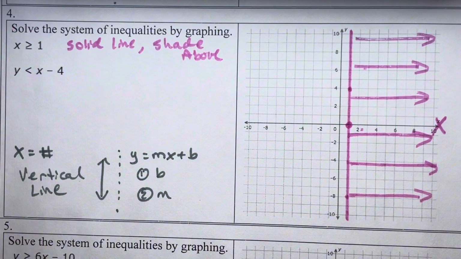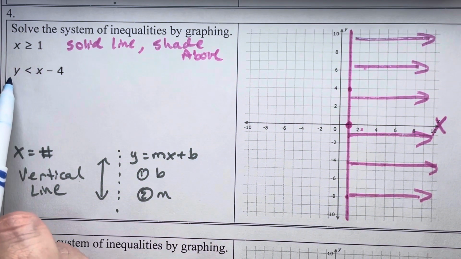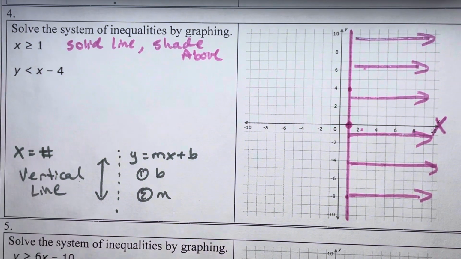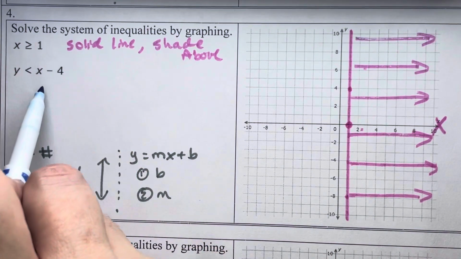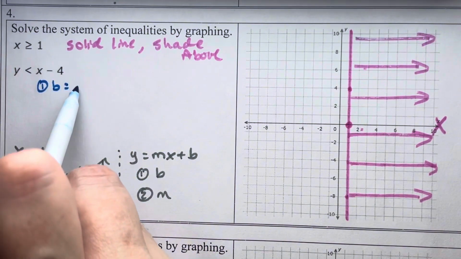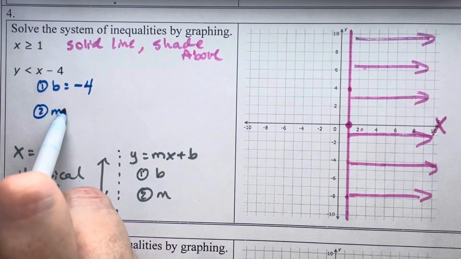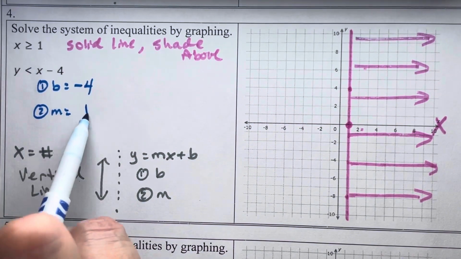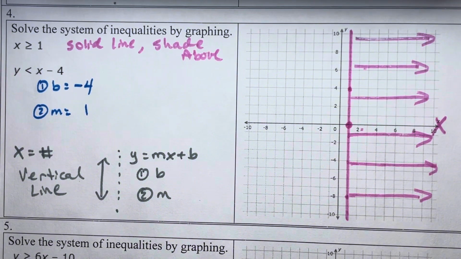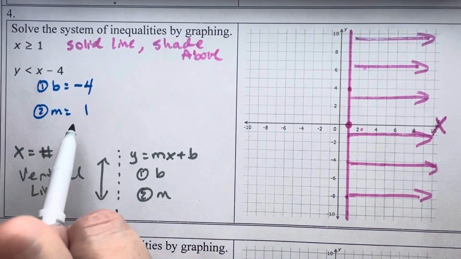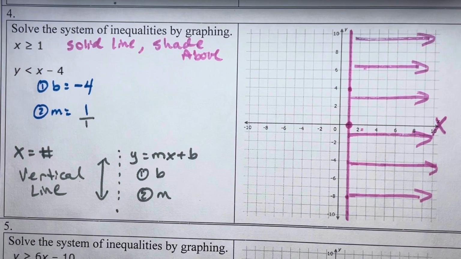All right, let's look at our second one. With our y less than x minus 4, we know that there's going to be a y-intercept of -4 and a slope of 1 because there's nothing visible in front of the x. We need to have a fraction for our slope for the rise and the run.